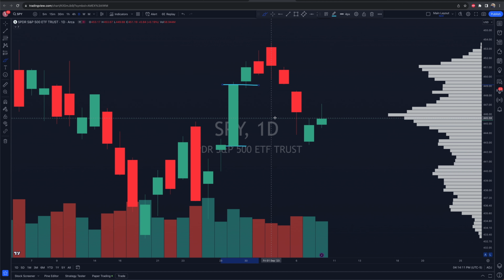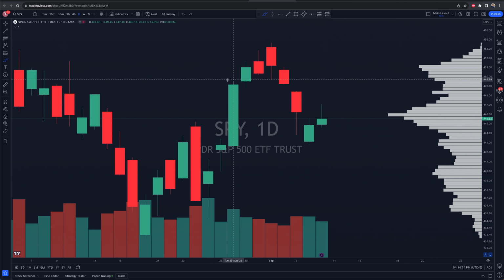Now, we are on a 1-day chart, which means each of these candlesticks is one full day. This could, again, be 5 minutes, could be an hour, depending on the time frame. But the bottom of a green candle body is the open on that time frame, and the top is the close on that time frame.